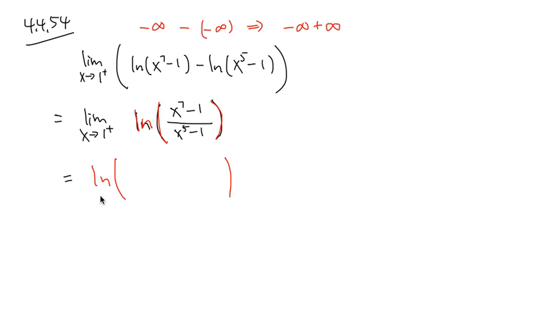So I will get ln of the limit when x is approaching 1 plus of x to the 7 minus 1 over x to the 5 minus 1. The main reason that we can do this is because ln is a continuous function when you're considering the numbers inside of its domain. That's what makes me able to pull the ln out and then just look at the limit of these inside functions right here.